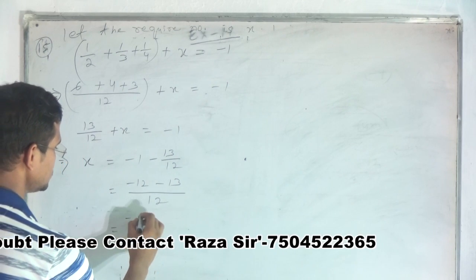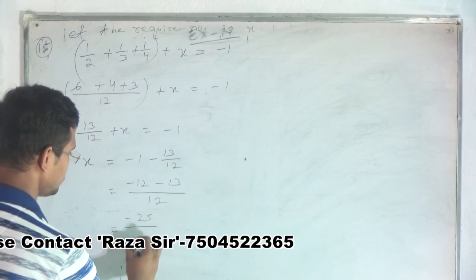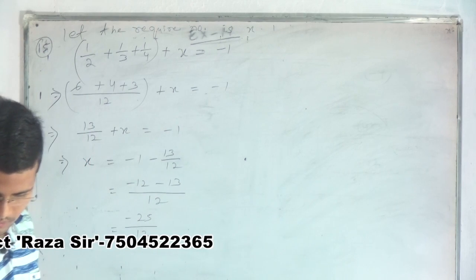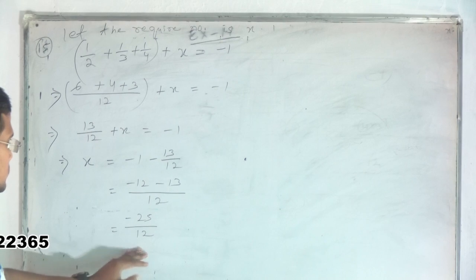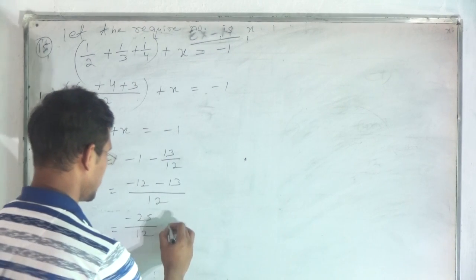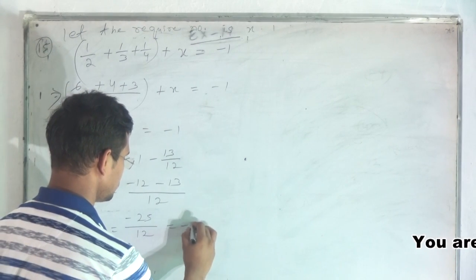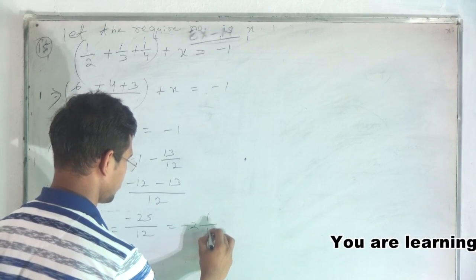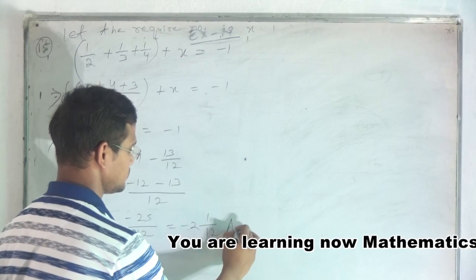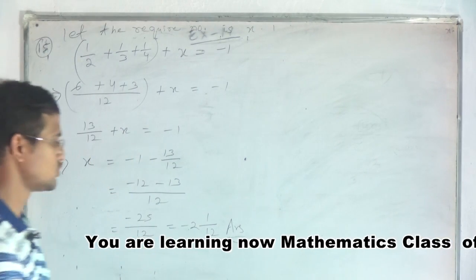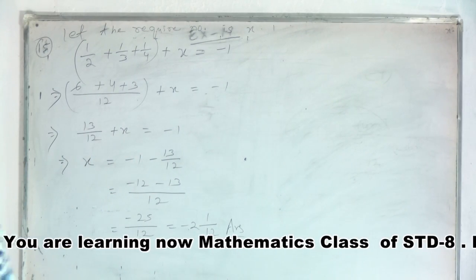Then minus 25 by 12. This is in the form of an improper fraction. You can change it into a mixed fraction, minus 2 1 by 12. That's your required number.